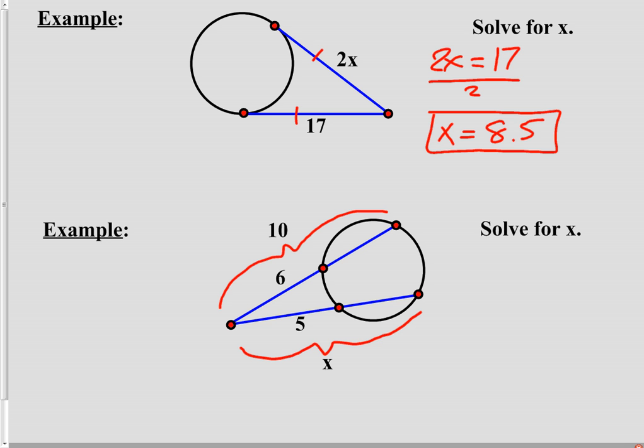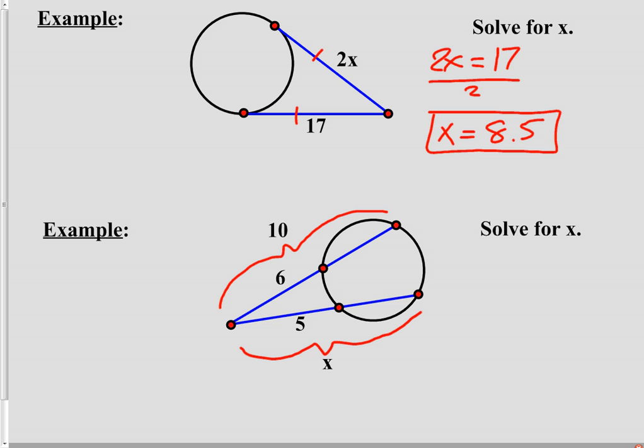This is the rule that says the length outside on one secant will multiply times that entire length of that secant, and that should equal the length outside on the other secant times the entire length of that secant. So let's see if we can't assemble a problem.